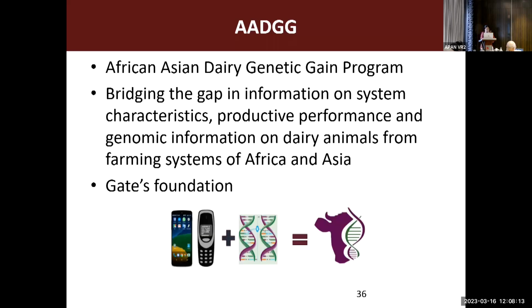And the main vision here is bridging the gap in information on system characteristics and production performances, and genomic information on dairy animals from farming systems of Africa and India, Asia.